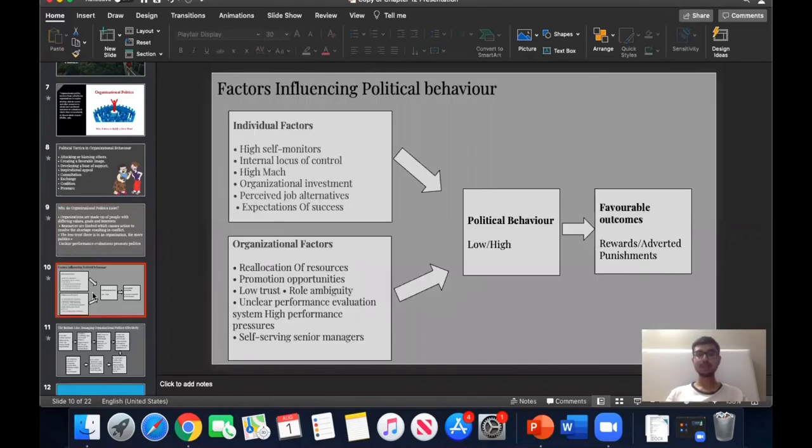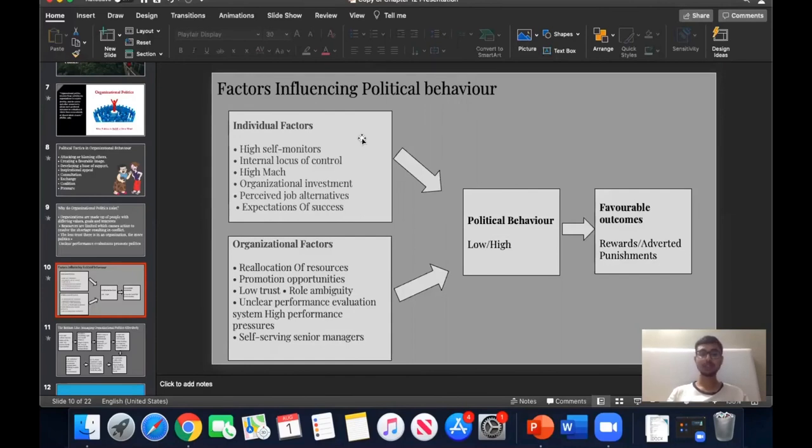So next we move on to factors influencing political behavior. There are two factors. One is individual and the other is organizational. The individual factors are high self-monitors, internal locus of control, high Mach, organizational investment, perceived job alternatives, and expectations of success.